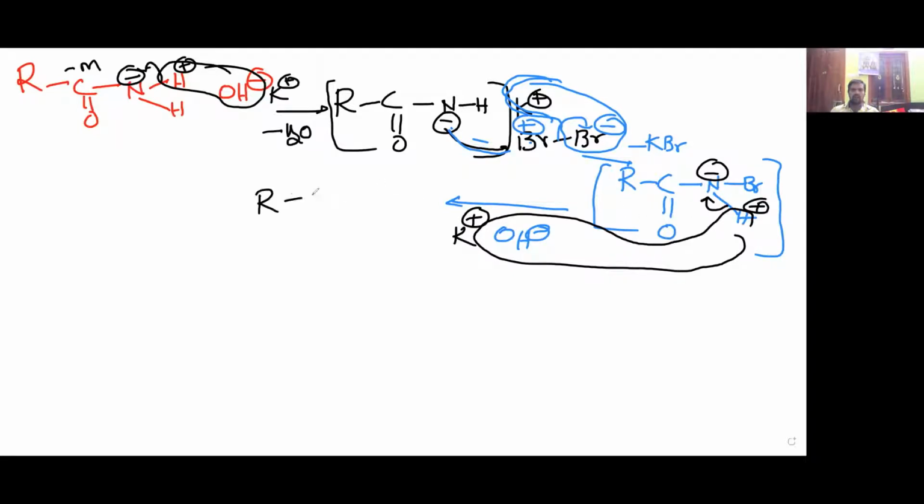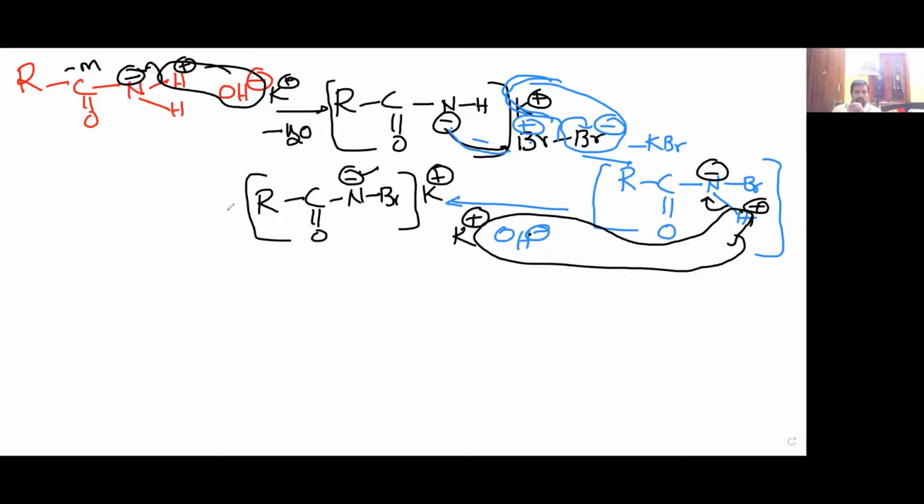Then RC(=O)N minus Br. Please remember there is a minus. For the stabilization purpose, K plus is there. Here just water is eliminated, H and OH is eliminated. As usual, minus charge is there, Br is there, K plus is there for stabilization.